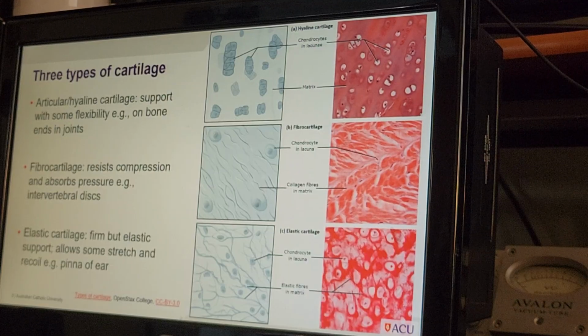Because it's got these elastic fibers, elastic cartilage gives some stretch and recoil ability to the tissue. The pinna of the ear, or the upper outer portion of our ear, is made of elastic cartilage. So we can apply pressure and bend that tissue, and when we remove the pressure, it returns back to its original shape. And that's because of the presence of the elastic fibers.